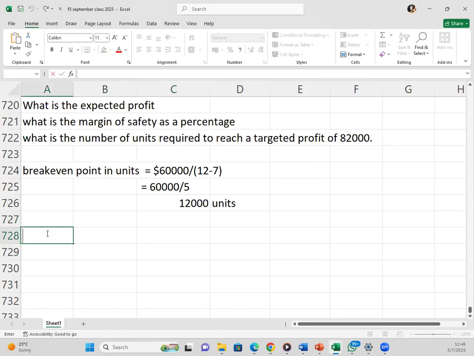Then the next question: what is the expected profit? In this question, they've not given a targeted profit, just the profit. For us to make profit, the selling price must be greater than the cost. So the profit is the sales minus the total cost.